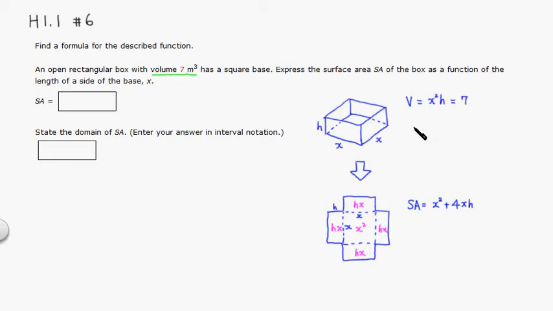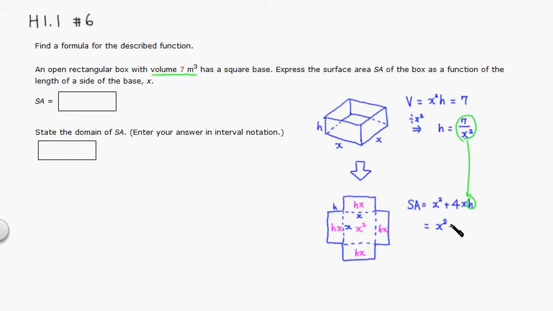By simply dividing through by x squared, we can isolate h, so h is going to be 7 over x squared. Then we can just plug this in here. So there's h there. We can rewrite the expression just in terms of x. The x squared is just x squared, so we don't have to do anything.